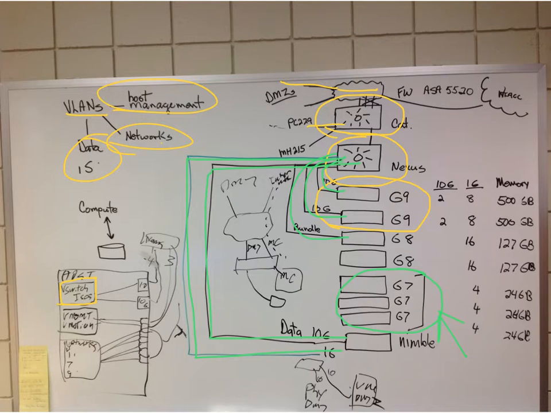Going back here. I'm not sure about 215. Then from here we'll go out to the internet. And here's some information about the devices. Alright. There's a lot more detail to that, but we're going to move on.